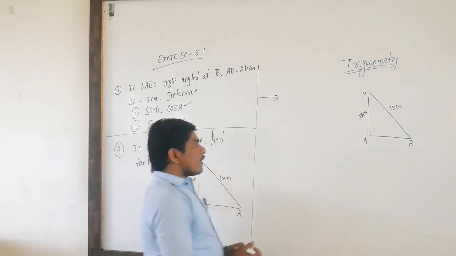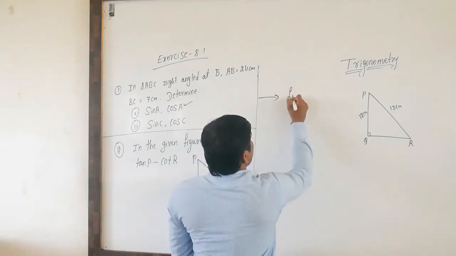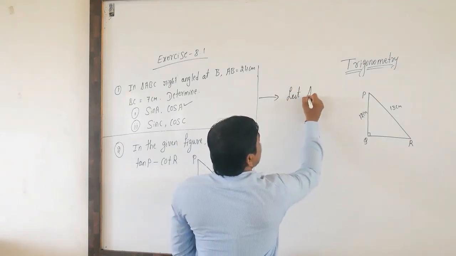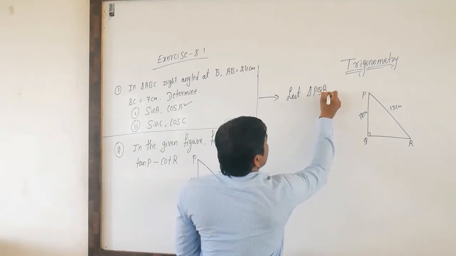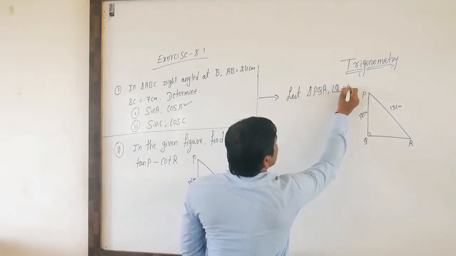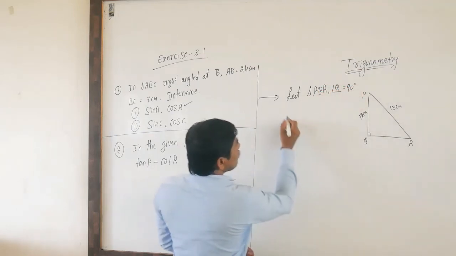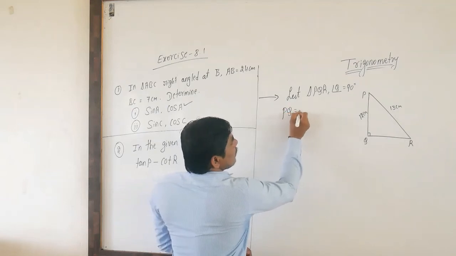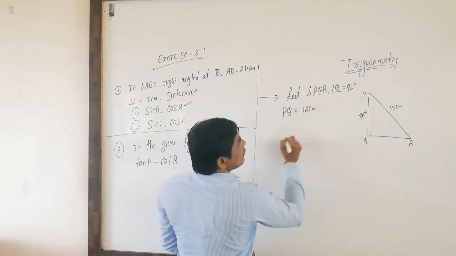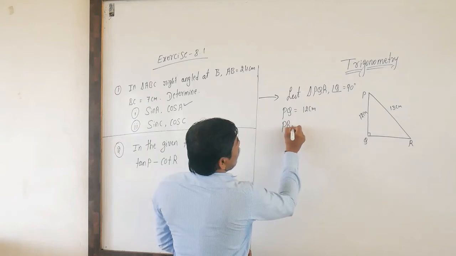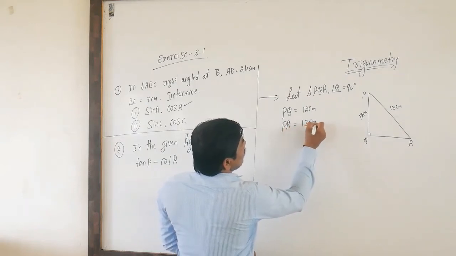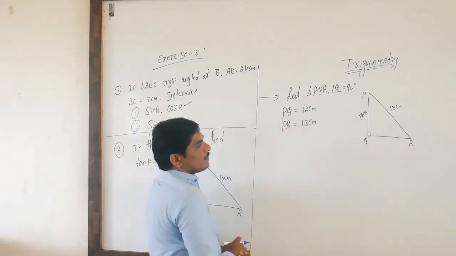Now, let triangle PQR, angle Q is equal to 90 degree. PQ is equal to 12 centimeter. PR is equal to 13 centimeter. First you write the given things.